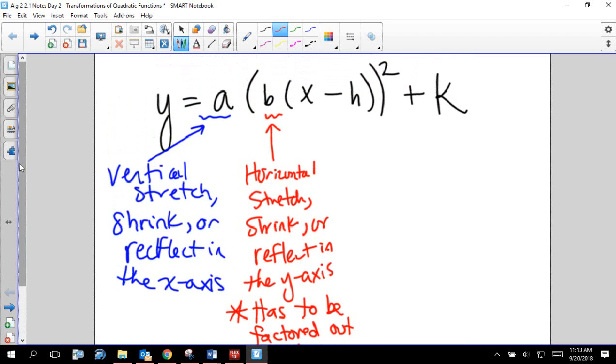So then H. What's H? Translate. If we're doing it horizontally, what are my options? Left or right?